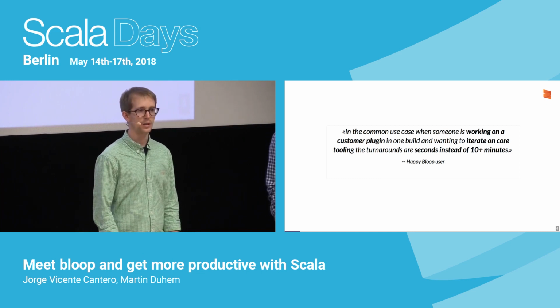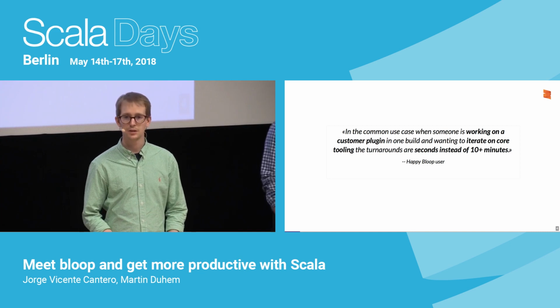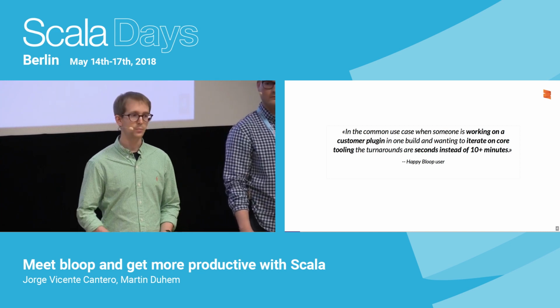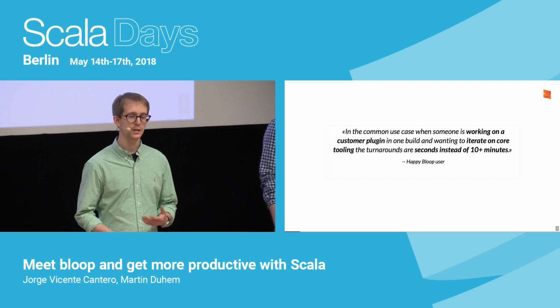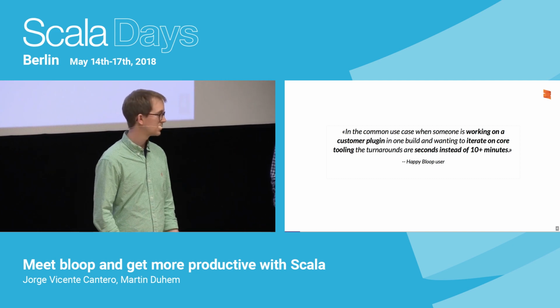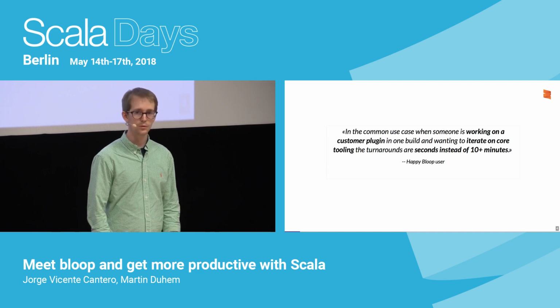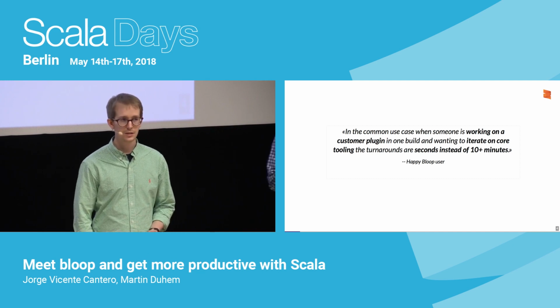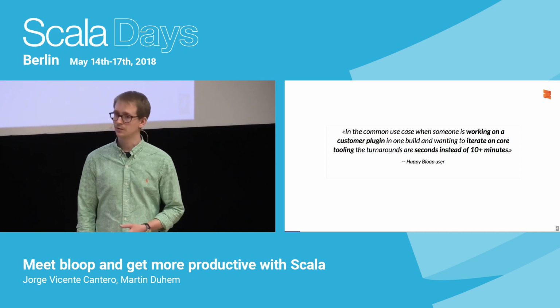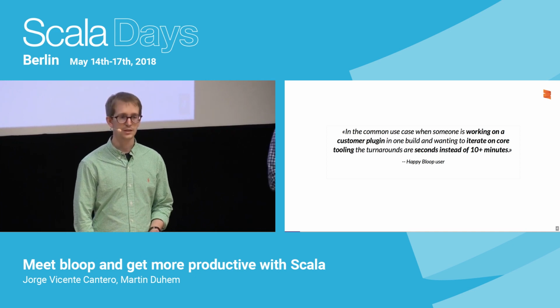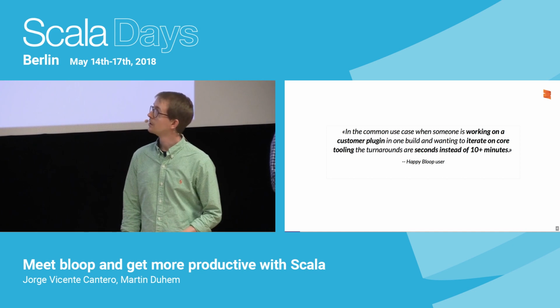Whenever they were editing the base of their tooling, they had to publish locally all the changes, many times, across many layers, and it would take a lot of time. So using Bloop, they were able to simulate source dependencies, and with that, they got turnarounds in the order of seconds instead of the 10+ minutes that they had at the beginning.